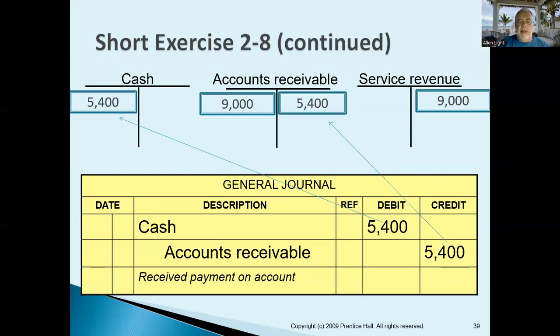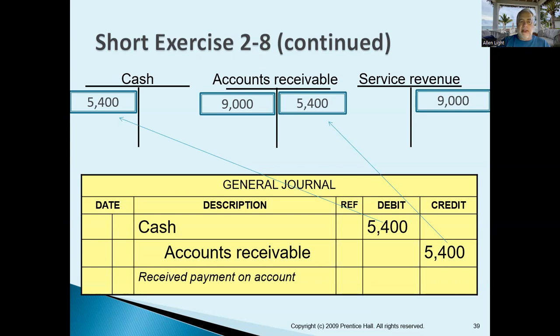Now, we can look at our balances. Our balance for cash right now is $5,400. Our balance for service revenue is $9,000. And our balance in accounts receivable is going to be the difference between $9,000 and $5,400. So our balance is going to be $3,600 on the debit side.